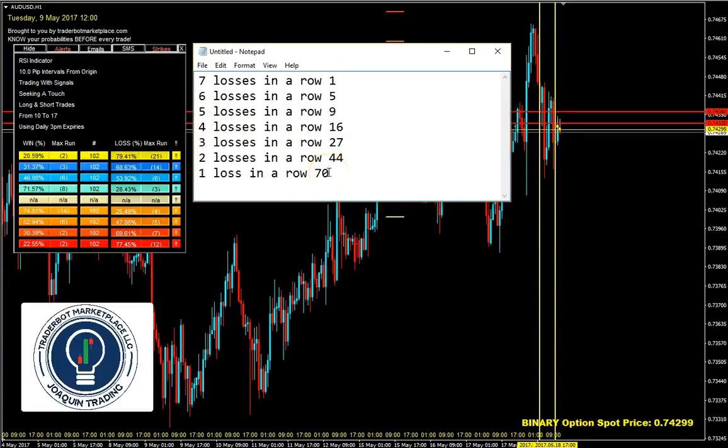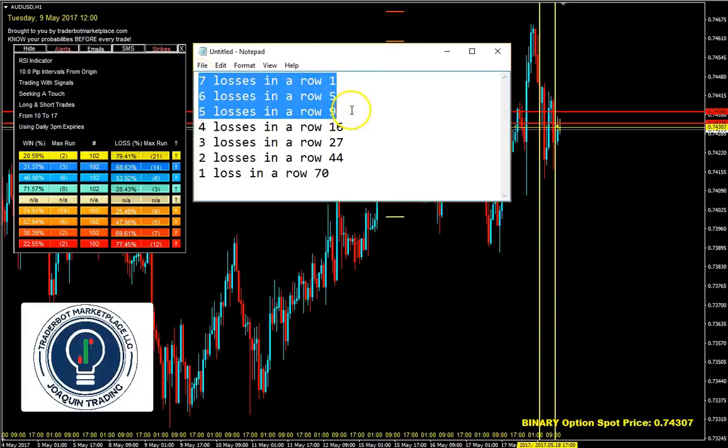So out of 102 trades, 87 of them were at 4 losses or less. Only 15 times out of the 102 did it go past that, and 7 is the max that it went to in the past 2 years.